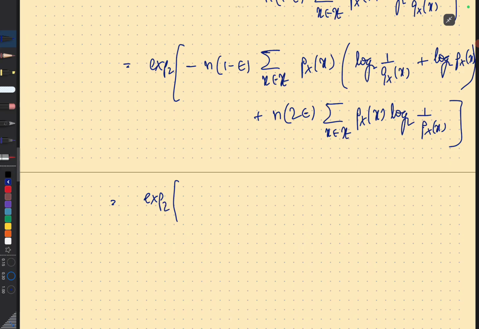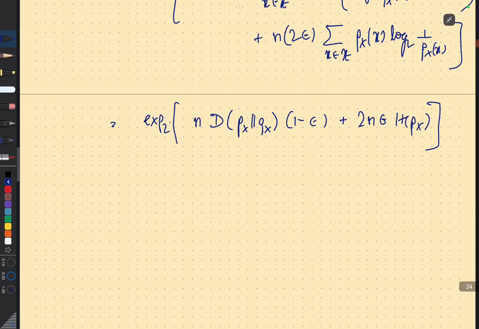So this is equal to n times the KL divergence between p_X and q_X times 1 minus epsilon plus 2n epsilon times the entropy of p_X. So this will be a negative sign here.